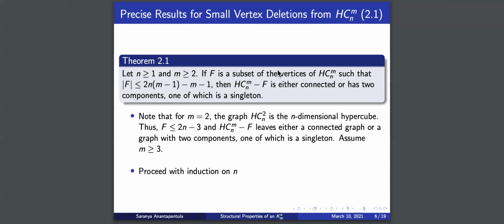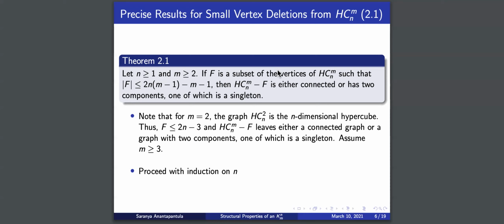In Theorem 2.1, we're trying to prove that if at most twice the regularity is deleted, specifically if we delete at most 2 times n times (m-1) minus (m-1), then the resulting graph is either connected or has at most one singleton.